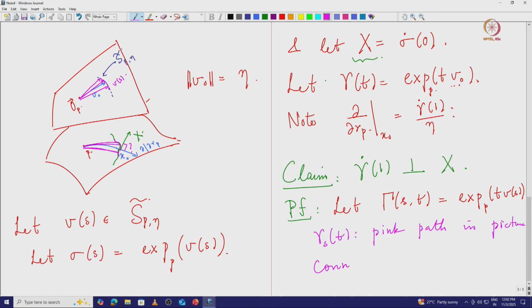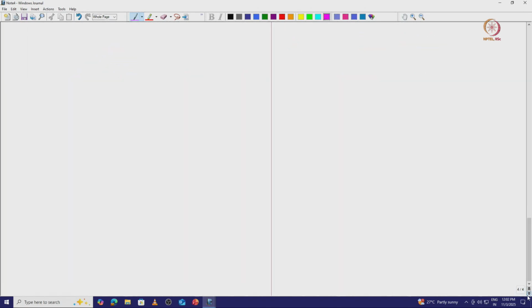So this connects p to basically sigma of s, right, because sigma of s is the image under the exponential of v of s. So if you put gamma s at 1, that is going to be sigma of s by definition. Okay. So those are the pink paths in the picture.